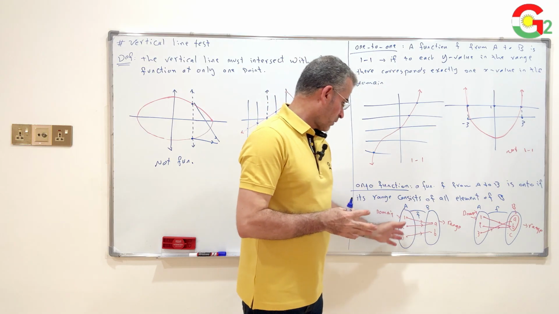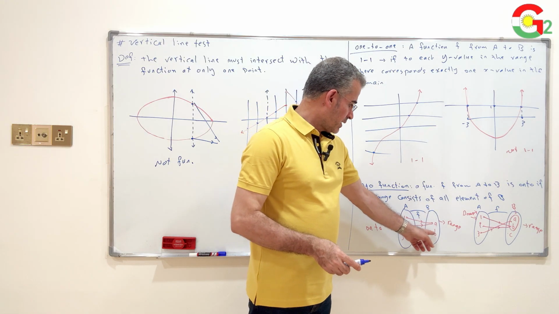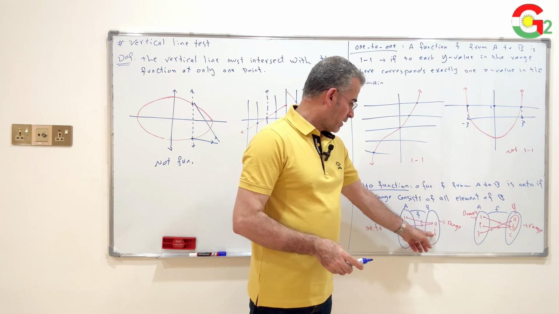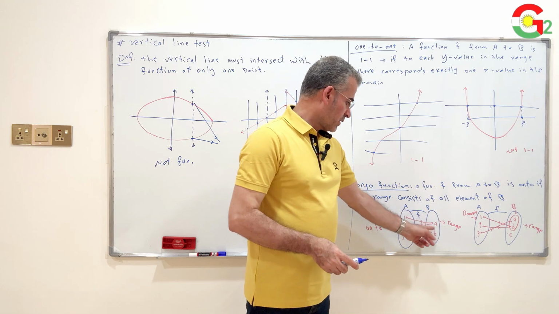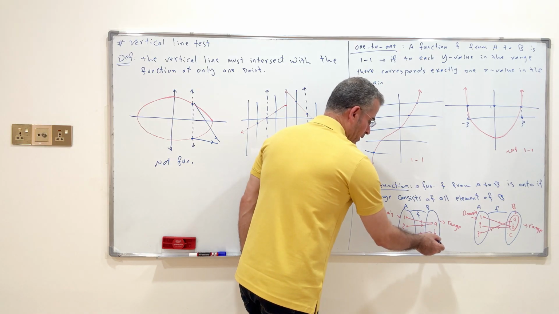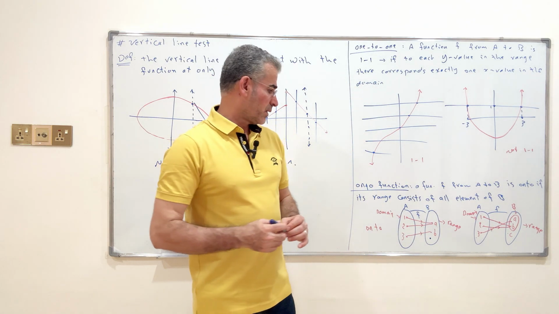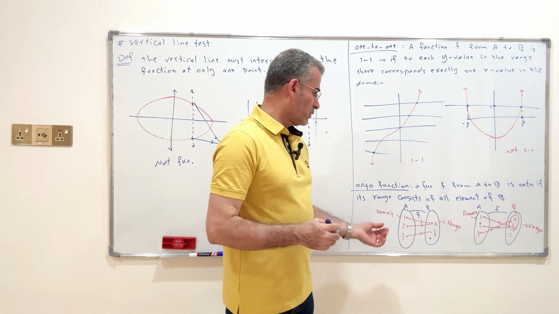As we see in these two graphs, here the range is a and b, and the set b is also a and b, and there is no element here that is not an image for an element in the domain. Then this function is onto.